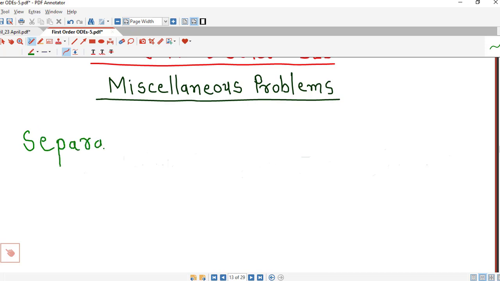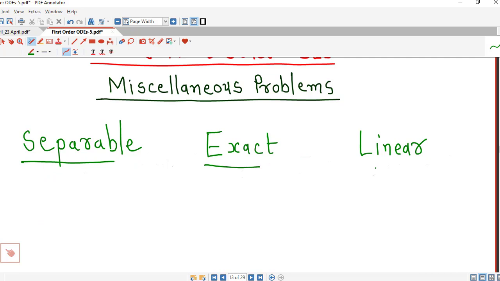So mainly there are three categories: separable ordinary differential equations of first order, then exact differential equations, and linear differential equations. And under each category we have discussed the differential equations which can be converted into either of these three categories.